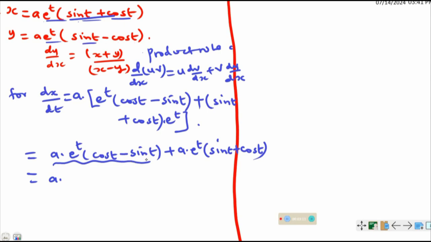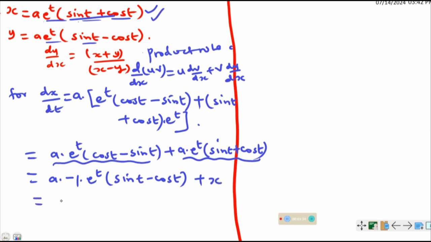So we can pull out the negative and have negative 1 times e to power t into (sine t minus cos t). Then plus, we can easily see that the whole of this is the same as x. So let us substitute x here.